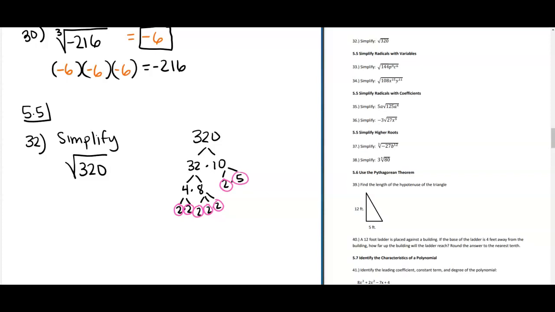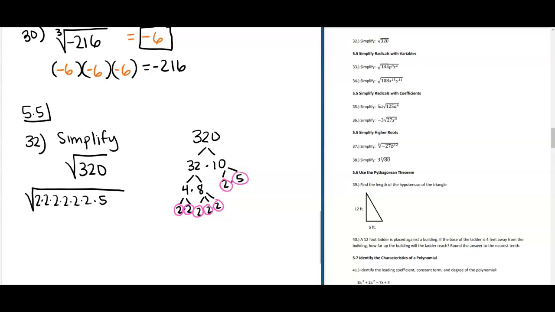I'm going to put these numbers that I circled inside, so I'm going to rewrite my square root here. 320 is the same thing as 2 times 2 times 2 times 2 times 2 times 2, we've got six 2's there, and then times 5.